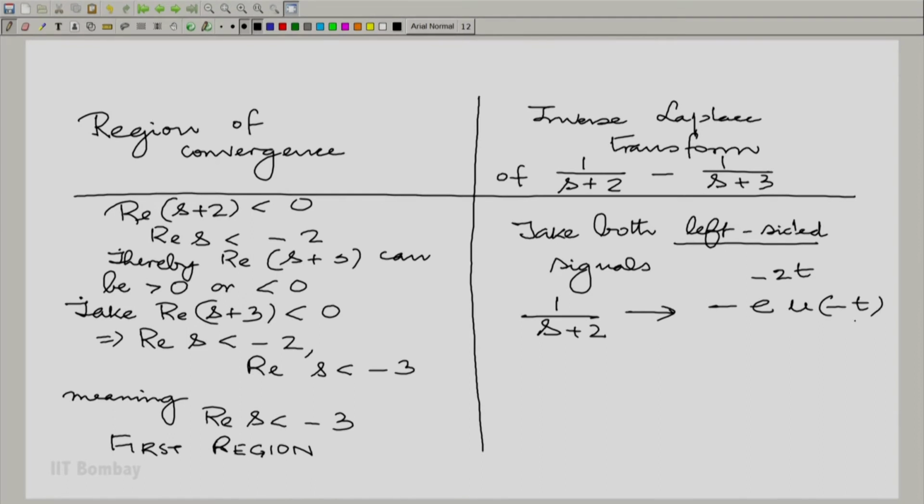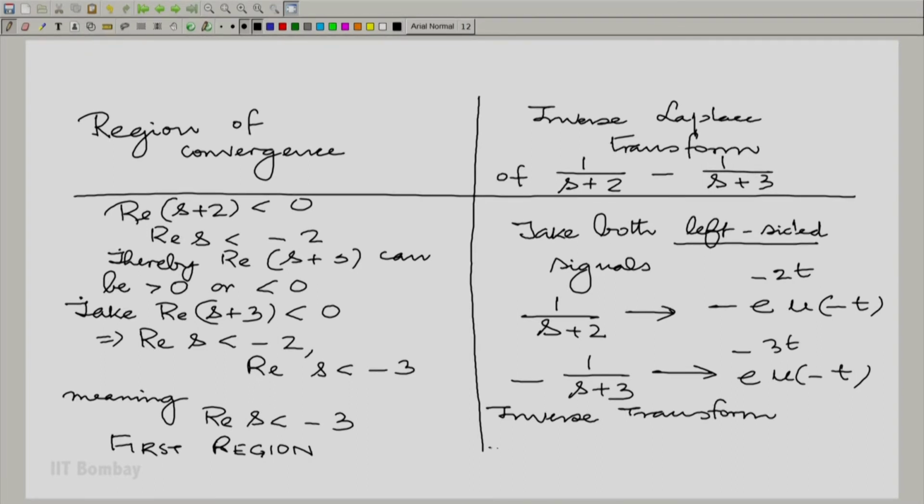That is important, u of minus t. And the same can be done for 1 by S plus 3 with a negative sign. And therefore, the inverse Laplace transform is e raised to the power minus 3t minus e raised to the power minus 2t times u of minus t.